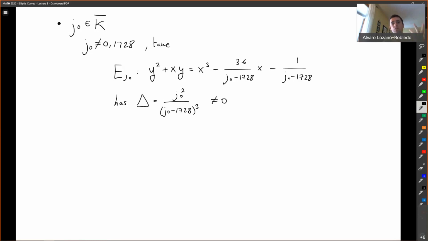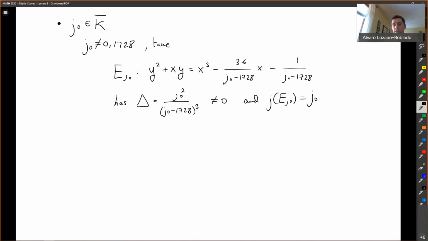If j was 1728, then there would be a 0 in the denominator of that delta function, and it would blow up. But luckily, we've chosen j to not be 0 or 1728, so the discriminant is non-zero. So this is a smooth curve given by a Weierstrass model, so it is an elliptic curve. And you can compute that the j-invariant is the number I wanted. Okay? This is very important.